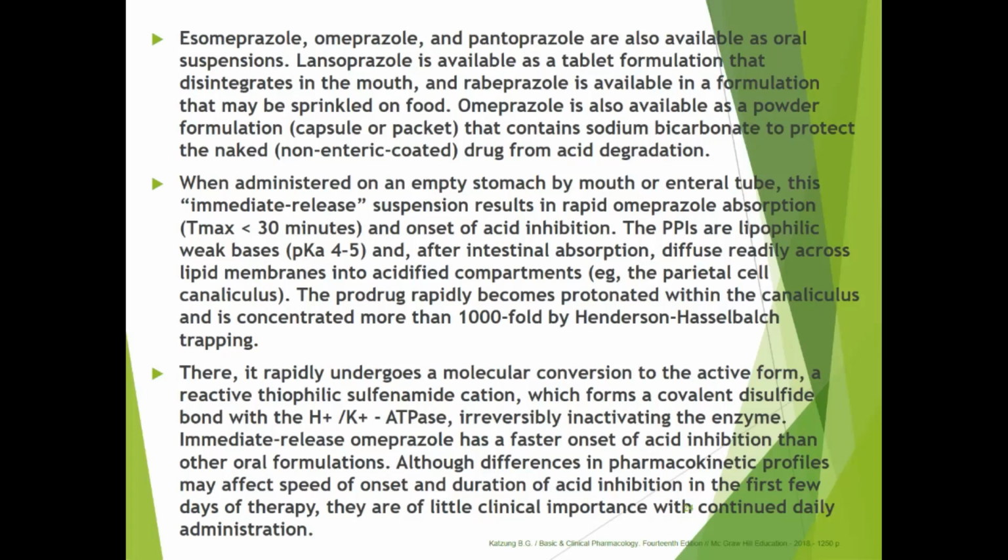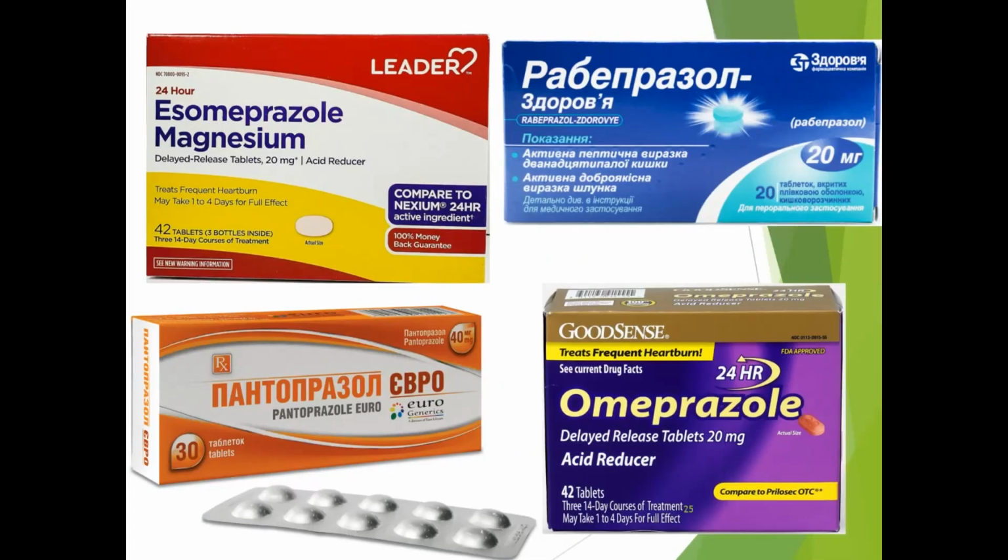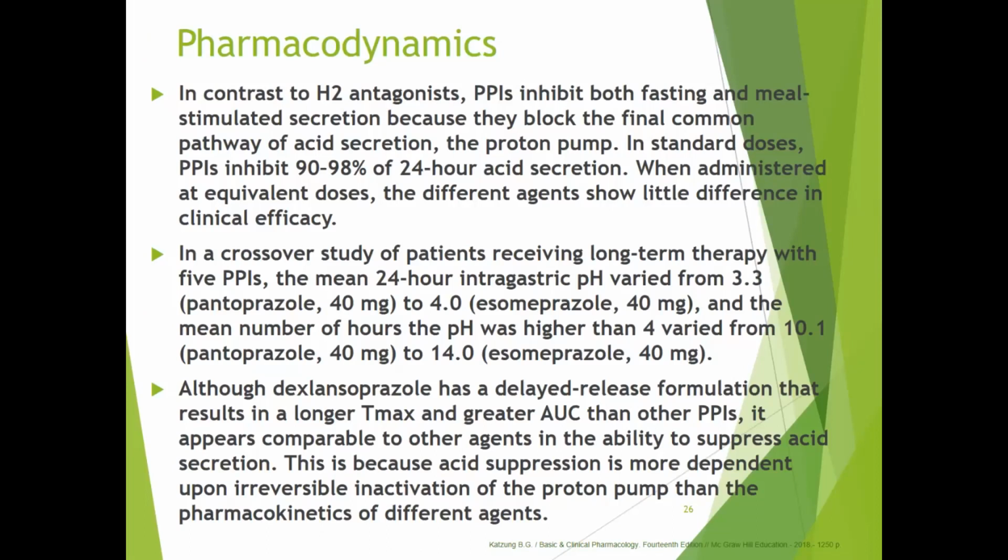Although differences in pharmacokinetic profiles may affect the speed of onset and duration of acid inhibition in the first few days of therapy, they are of little clinical importance with continuing daily administration. Classic drugs from this group: esomeprazole, rabeprazole, omeprazole, pantoprazole.